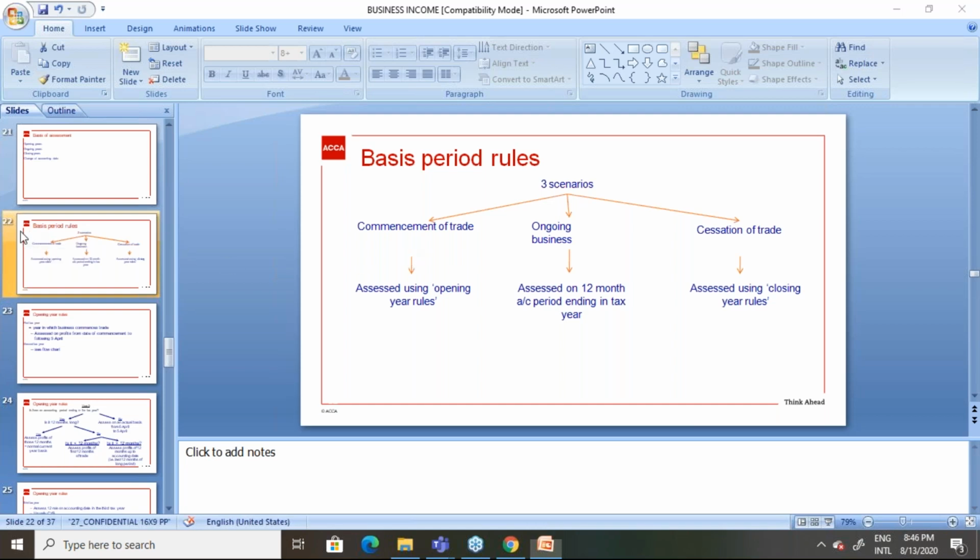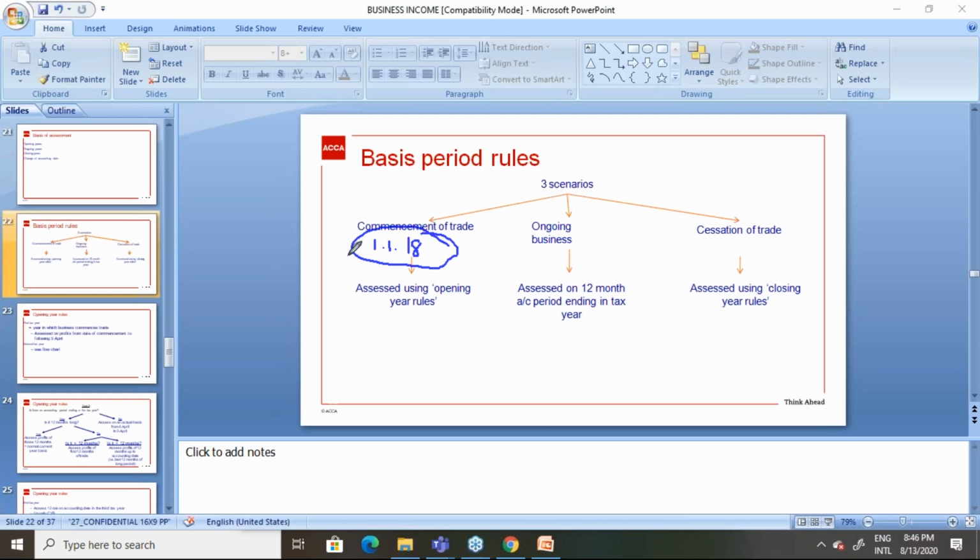So if you have started the business, say on the 1st of January 2018, that is the date of commencement, 1st January 2018.